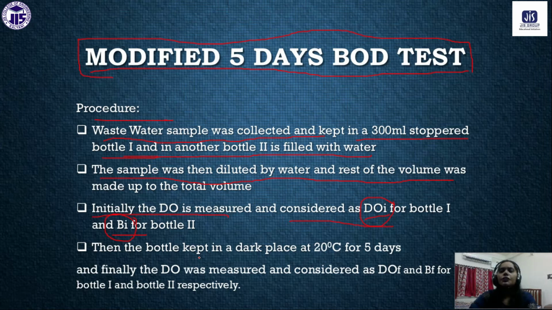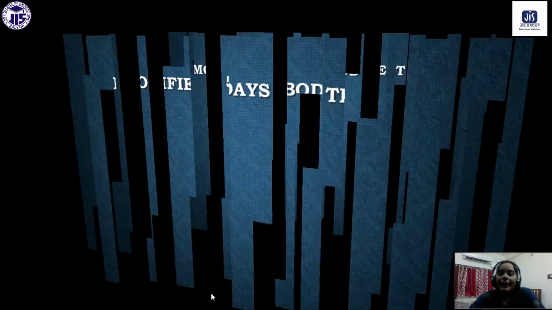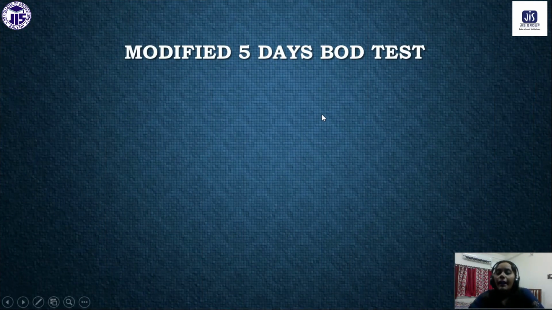The same procedure we follow, and after the 5 days finally we measure the amount of dissolved oxygen, which is considered as DOF for bottle 1 and BF for bottle 2.